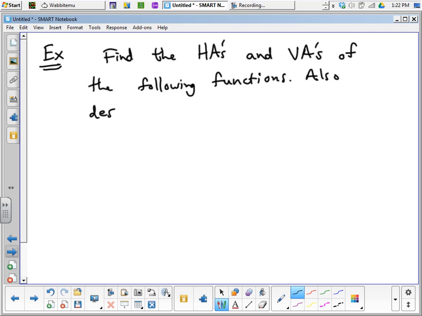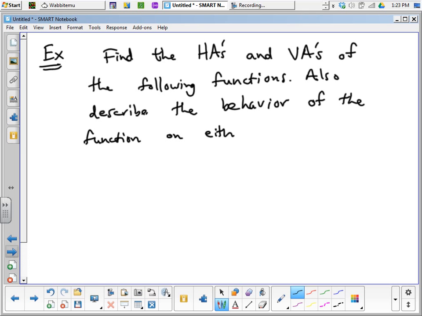And also describe the behavior of the function on either side of a vertical asymptote. So this matches the instructions in your homework. The only difference between this and the homework problems is the homework problem doesn't ask for HAs. So I'm adding that in, just to review from yesterday.